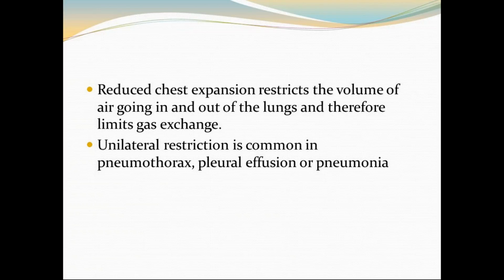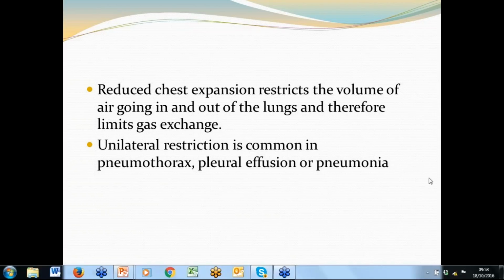People with pneumonia, with large areas of lung affected, or pleural effusion, where there's fluid between the pleura compressing the lung, may again have a unilateral restriction. That means reduced potential for gaseous exchange, and therefore you should be concerned.